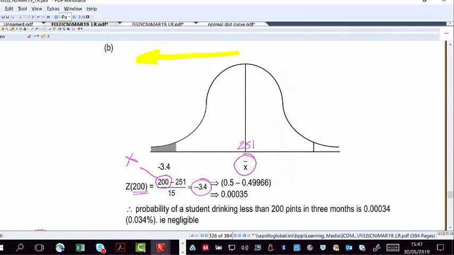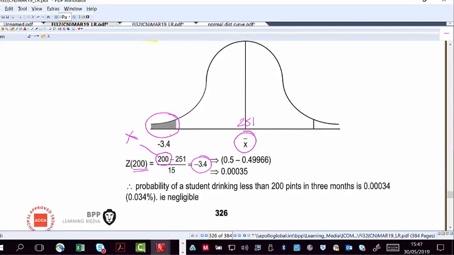What we are looking to identify is the probability of a student drinking less than 200 pints. The area in the graph that I'm now shading in pink would be 99.966%.